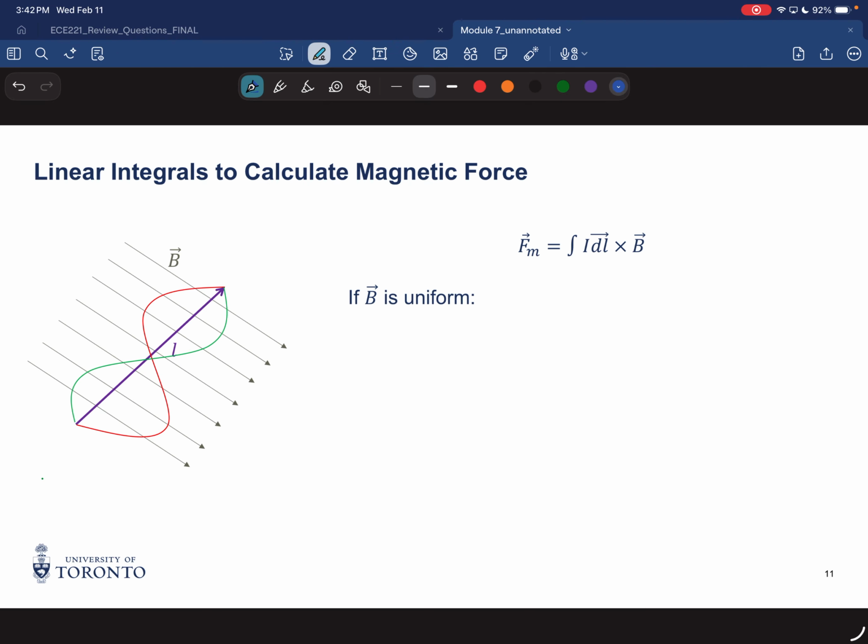Now, what if B is uniform here? So we said the magnetic force on a piece of current is IDL cross B, and if B is uniform, you can take it out of the integral. And I is, let's say, uniform.